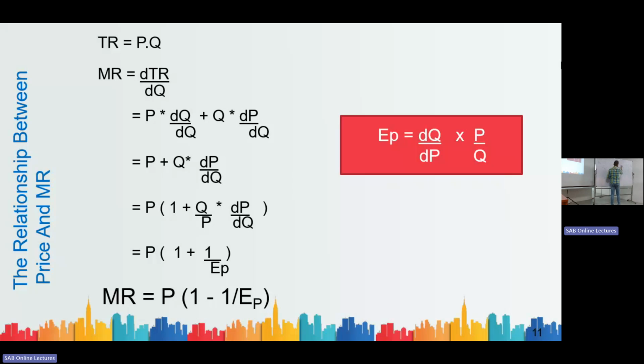When price is 8, quantity demanded is 1. When price is 6, quantity demanded is 2. So we are talking about these 2 points. Quantity increases from 1 to 2, by 1 unit.